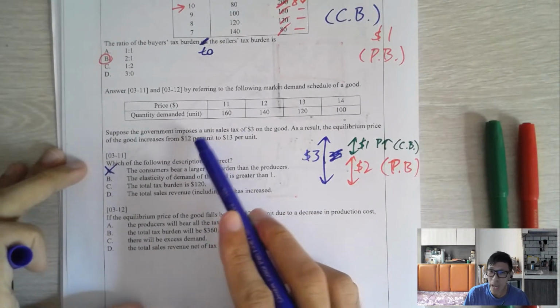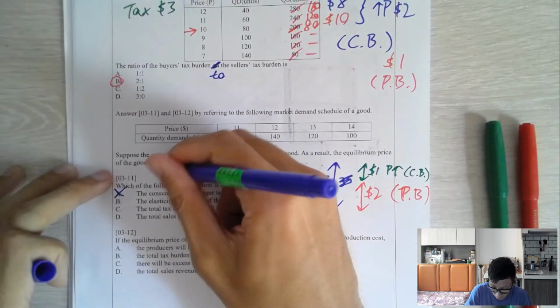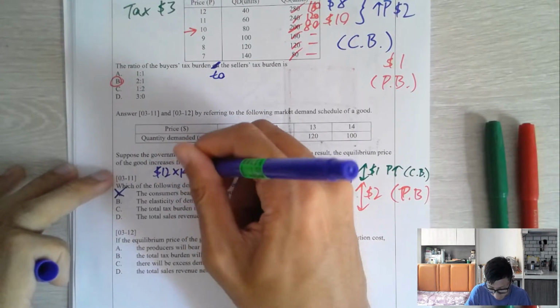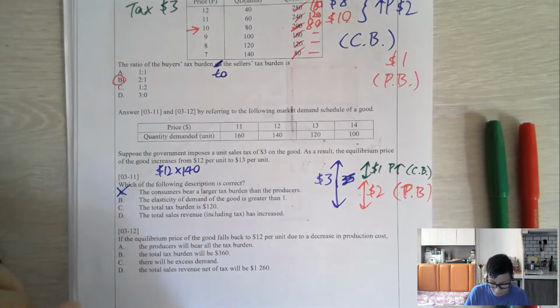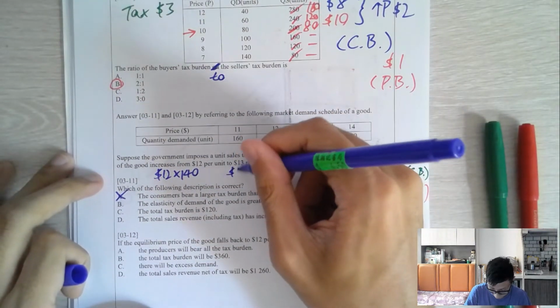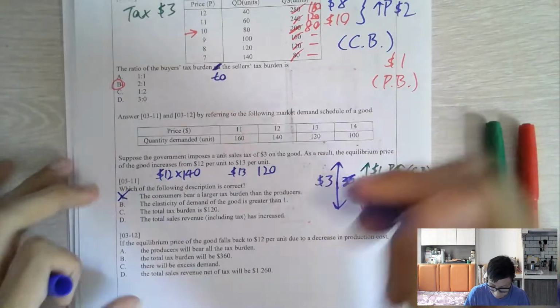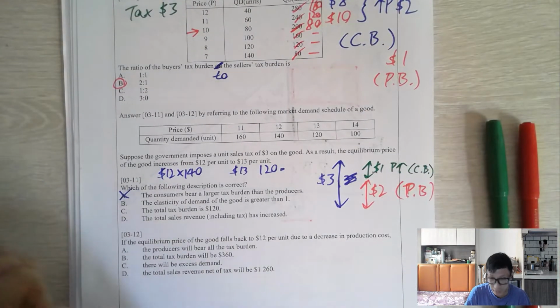Originally $12. 好啦，根據呢度啦，originally $12 times 140. Okay, now change into $13. $120.